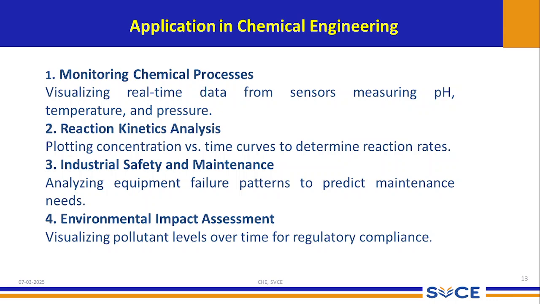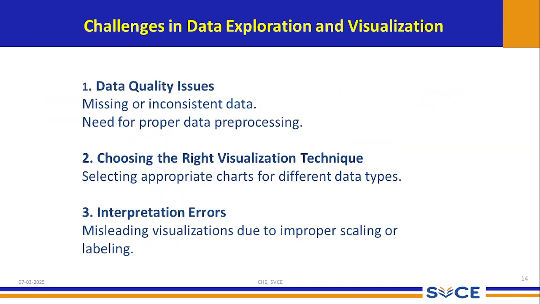So what is the necessity of collecting the data, pre-processing the data, visualizing the data, and finally coming out with the decision making? Hope you understood this. And what are the challenges in data exploration and visualization? Data quality issues: missing or inconsistent data, need for proper data processing.